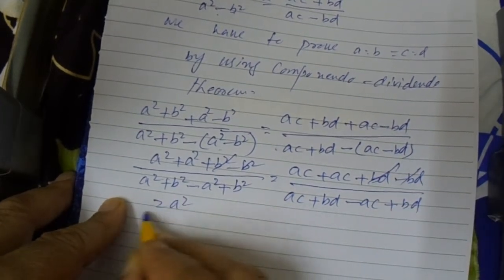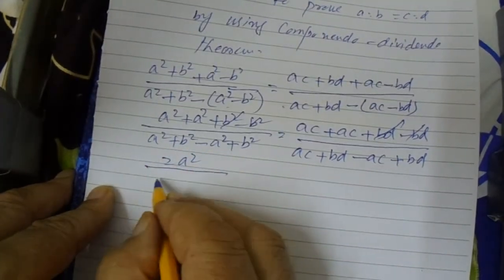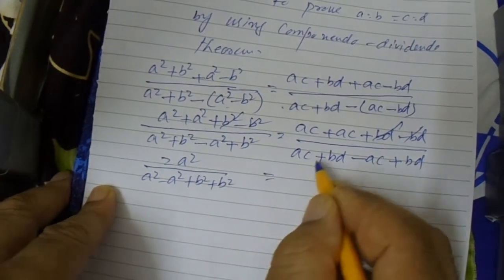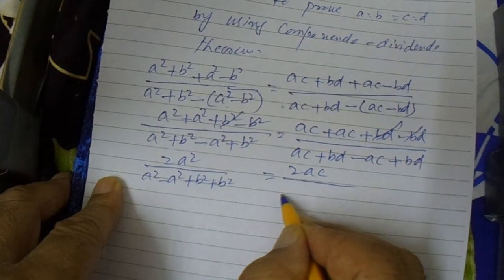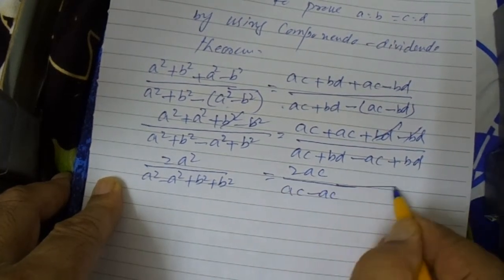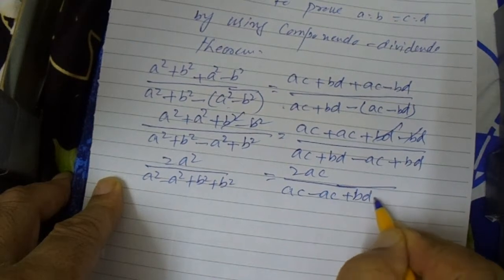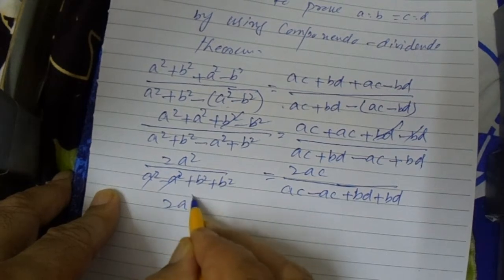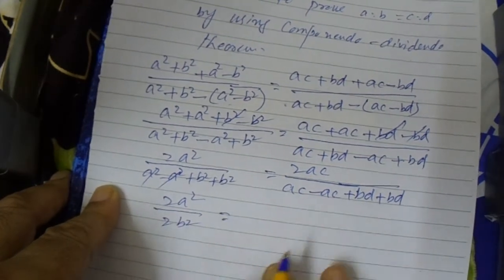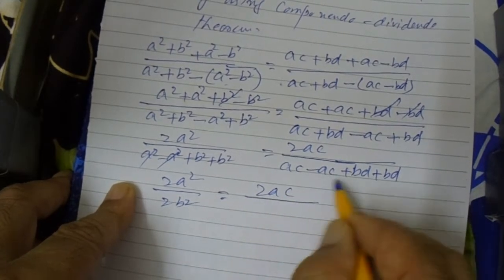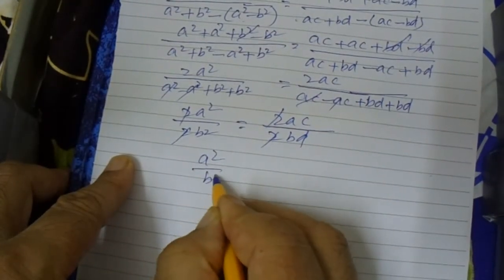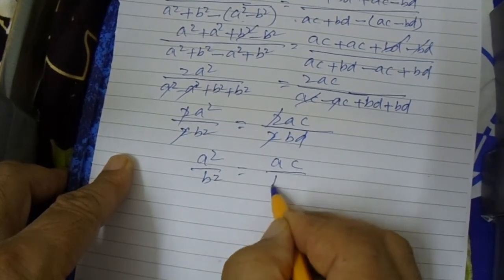You have 2a square over, we arrange these a square minus a square plus b square is equal to 2ac over ac minus ac and plus bd plus bd, this and this cancel. 2a square over 2b square is equal to 2ac over, this cancel, you have 2bd, this 2 cancel, and we have a square over b square is equal to ac over bd.